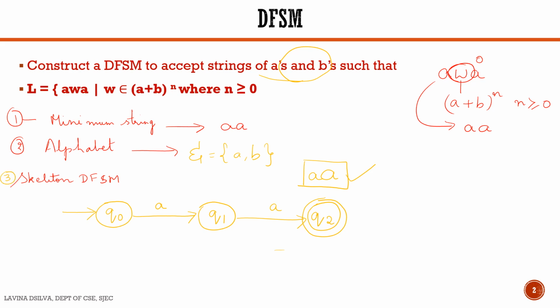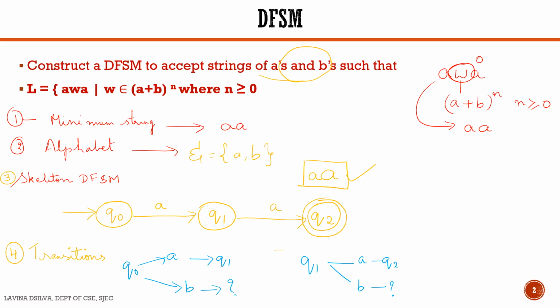Step number 4: we identify all transitions which we had not defined earlier. So what are the transitions which we had not defined earlier? On Q0, we defined for A and we went to Q1 state, but we had not defined for B. So there's one transition which we have to find out. On Q1 state, we have defined for A, whereas we have not defined for B. This is our second transition.